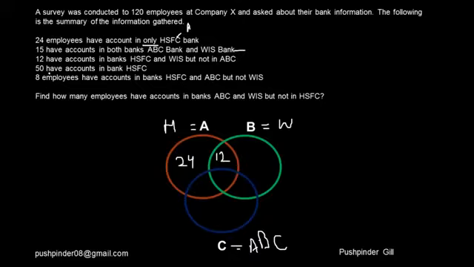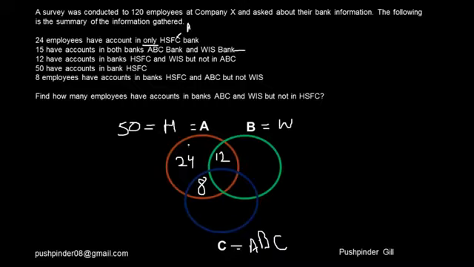Right, so the next is 50 people have an account in HSFC. That means this whole area is equal to 50. And then it says 8 people have an account in HSFC and ABC but not WIS. HSFC and ABC but not WIS, so that is this area, and there are 8 people.